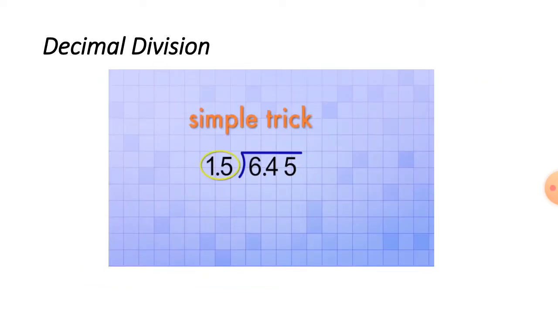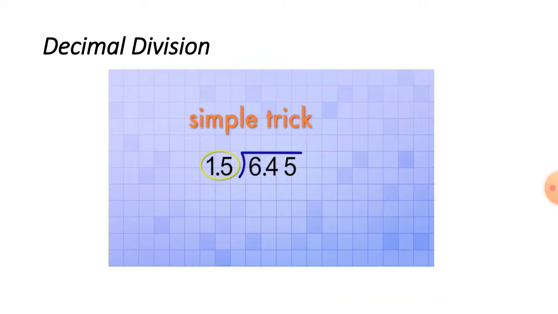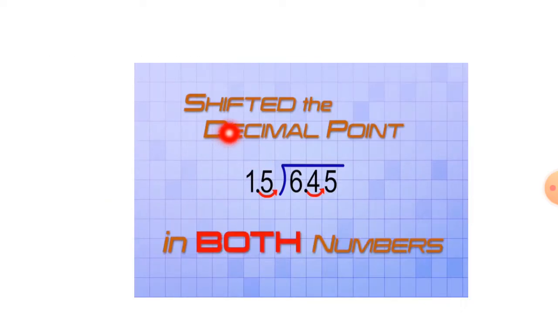Decimal division. When both the divisor and the dividend have decimal points, there is a simple trick: we have to shift the decimal point in both numbers.